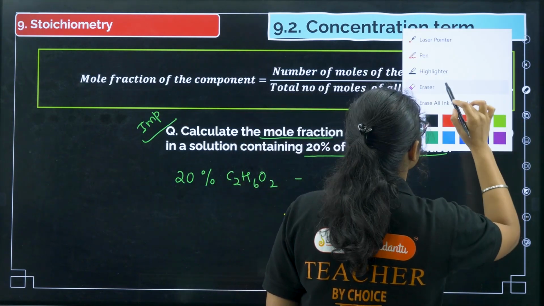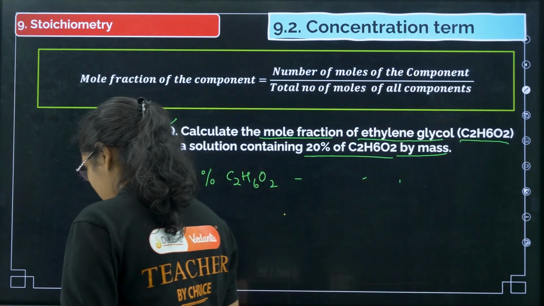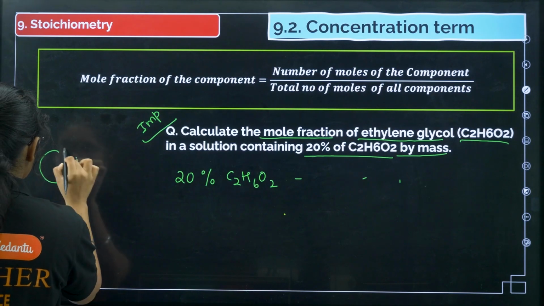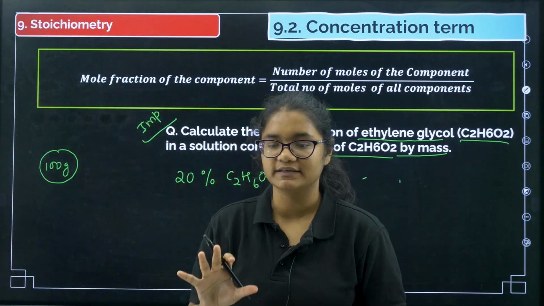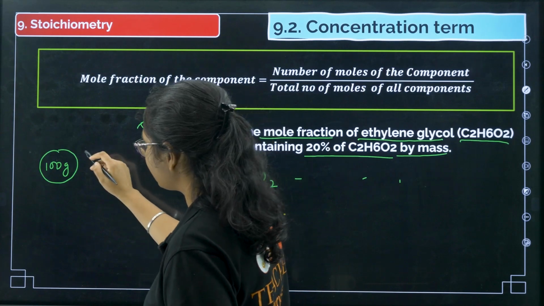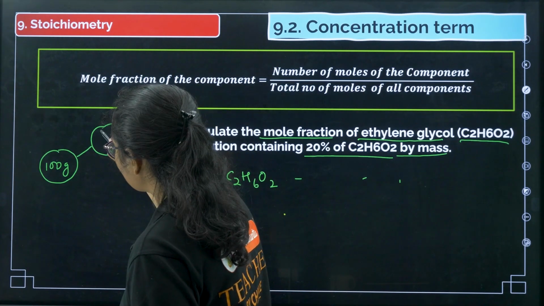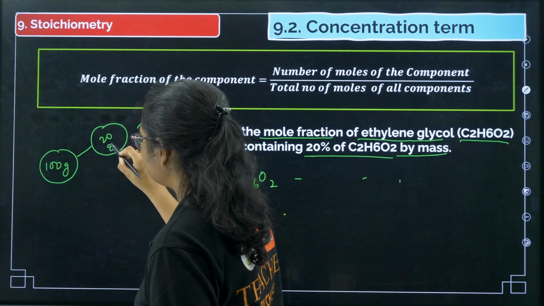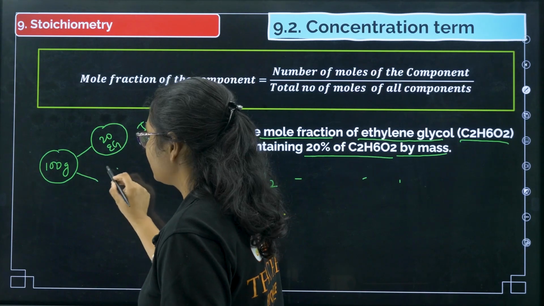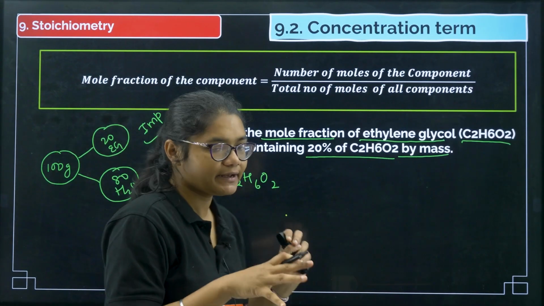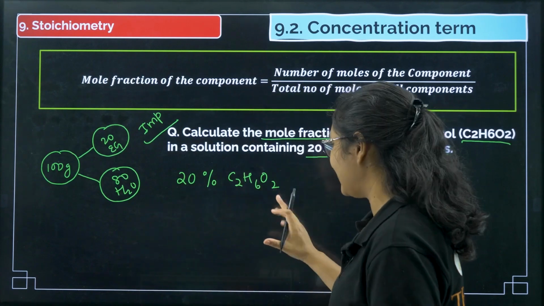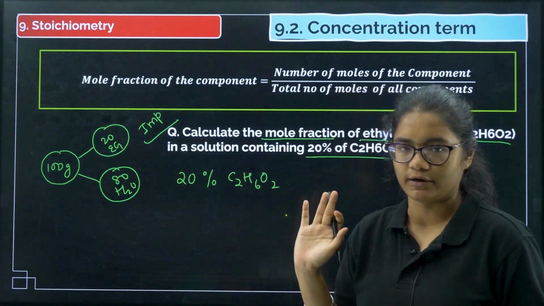If the 100 gram is solution, percentage means it is always 100 gram. So the total solution is 100 gram. 20 gram is ethylene glycol, and 80 gram is water. We know that 20 gram of ethylene glycol is present and 80 gram of water is present.